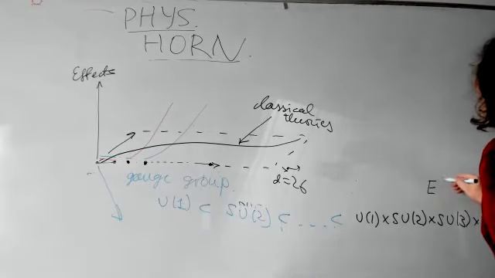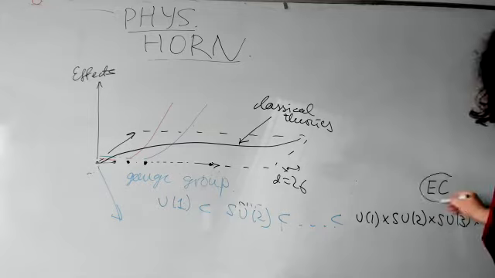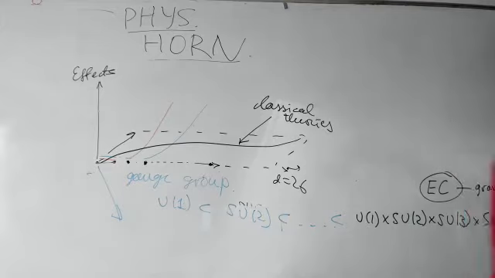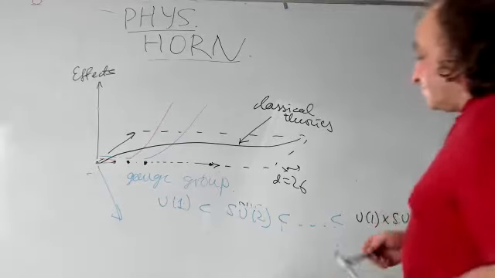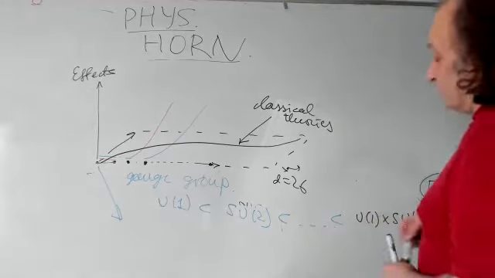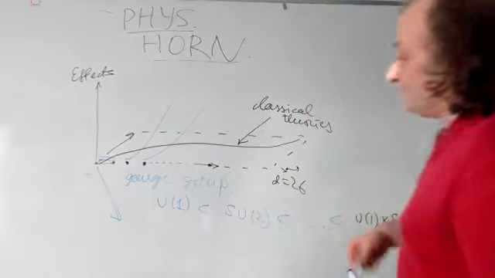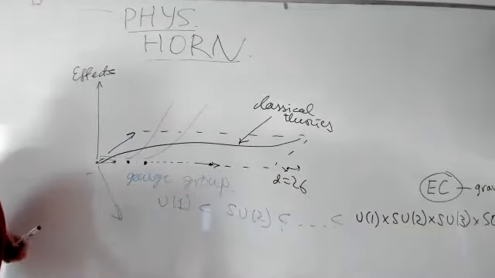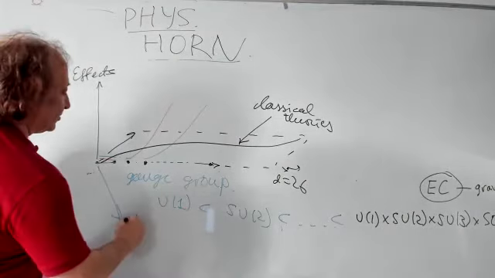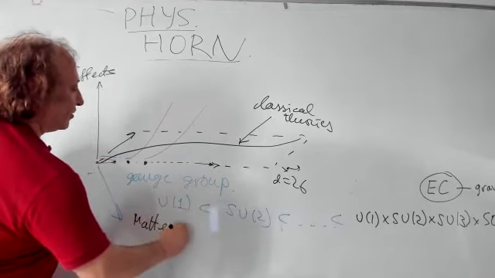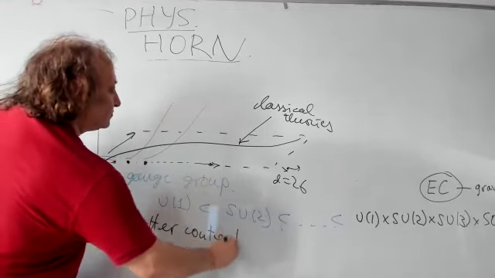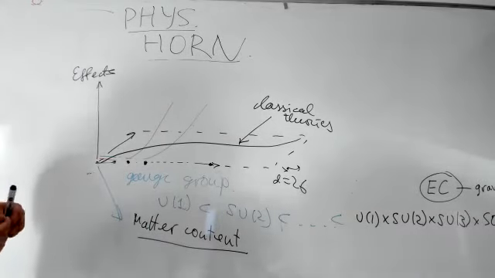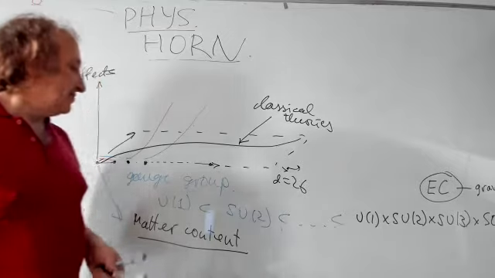And this is the gauge group in Einstein-Cartan gravity. So these are different worlds. It's not only the gauge group that stands here, it's also, if you wish, matter content. So there are actually many theories around us.